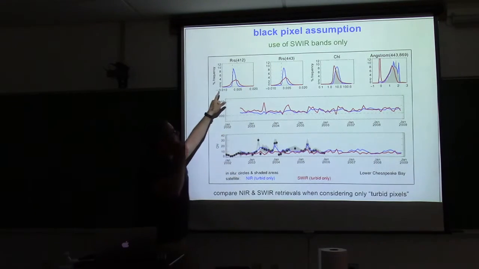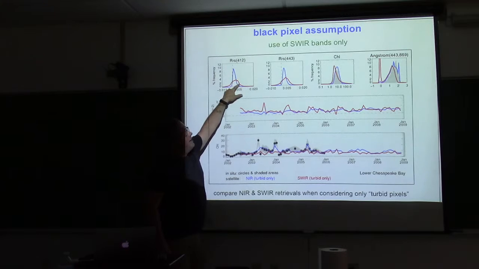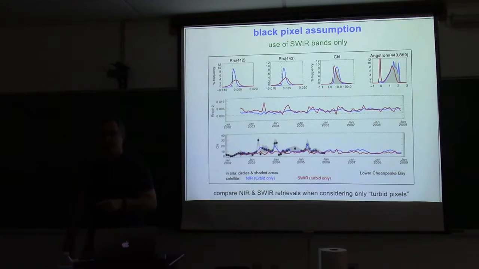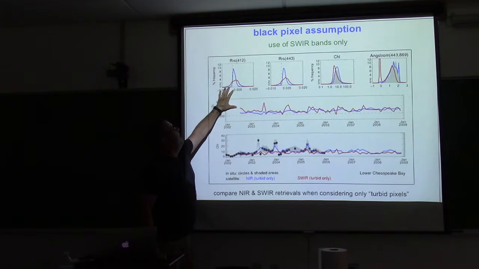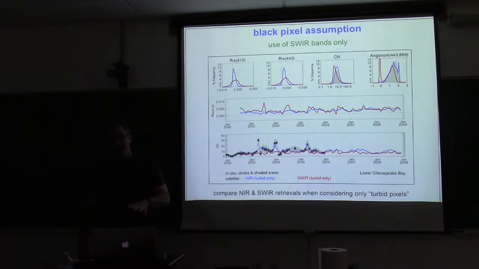The first thing that you're going to notice, though, is that it's kind of a squished distribution here. And this isn't necessarily a problem for a sensor designed to do this. The problem is that the only sensor we have now that has shortwave infrared bands designed specifically for doing things other than ocean color is MODIS.